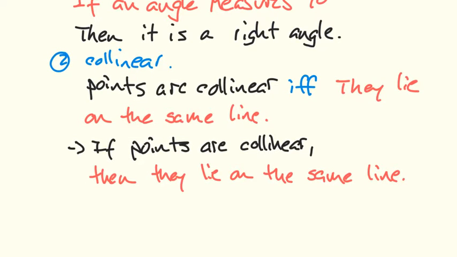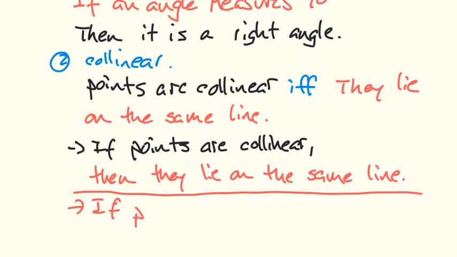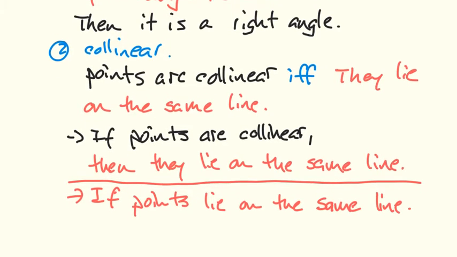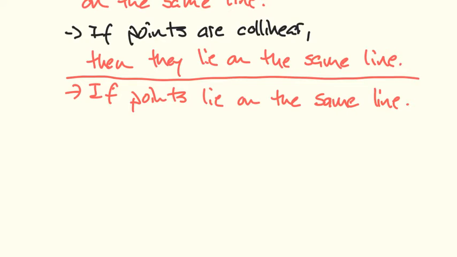And on the other hand, we could say, if points lie on the same line, then they are collinear.